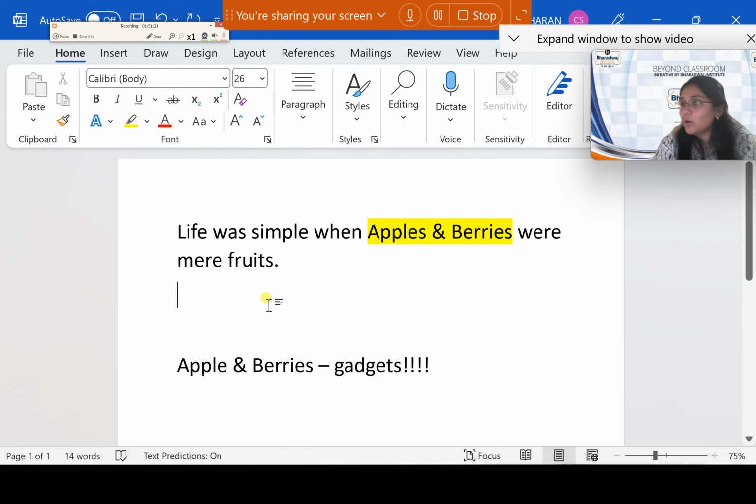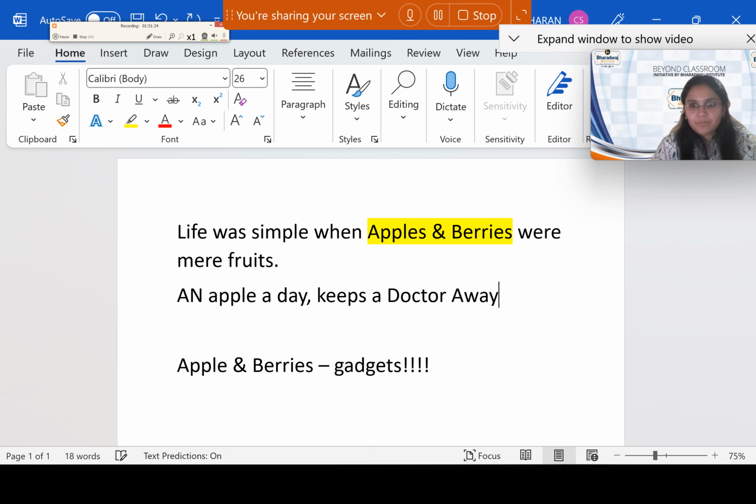Now I will write one more sentence. Tell me, how are you going to interpret this? An apple a day keeps the doctor away. Would you interpret the word apple here as gadget or as a fruit?